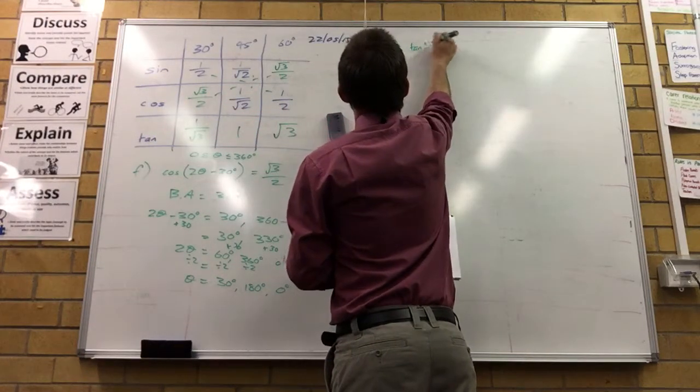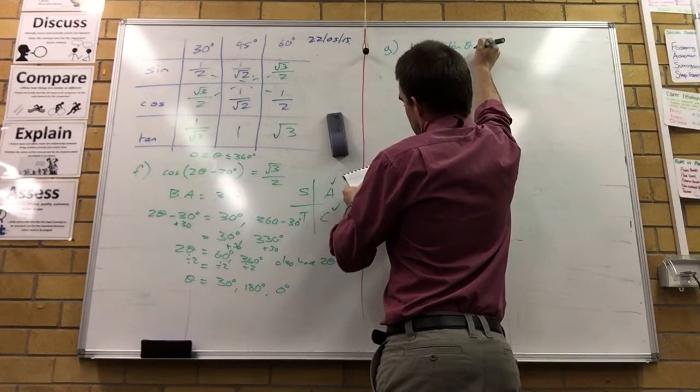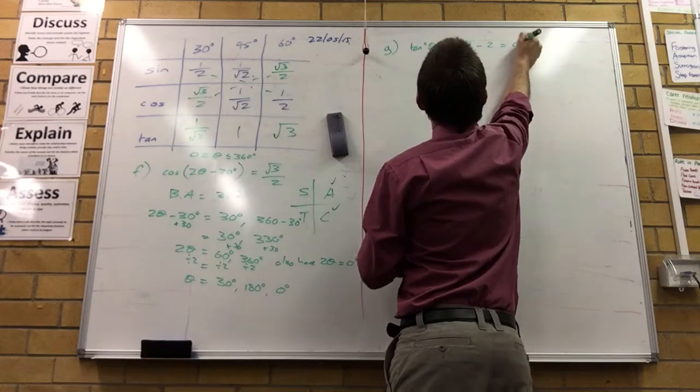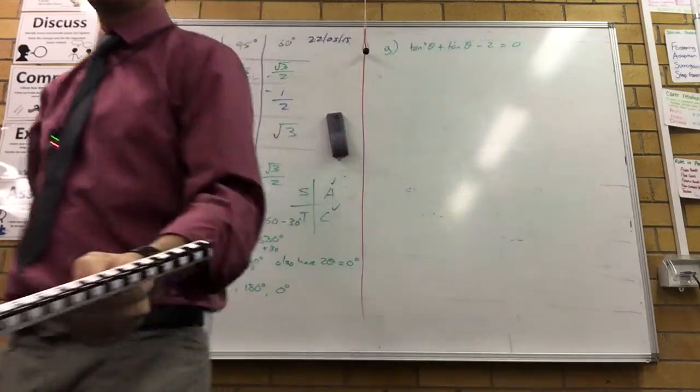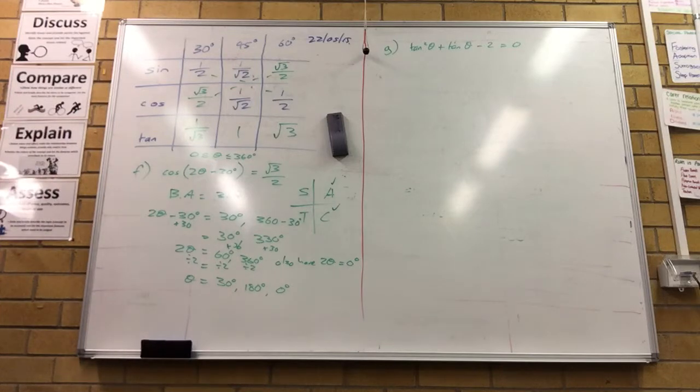Right, so tan squared theta plus tan of theta take away 2 is equal to 0. Exactly, that's why I stop every couple of questions before I move on to the next one. What does it look like?